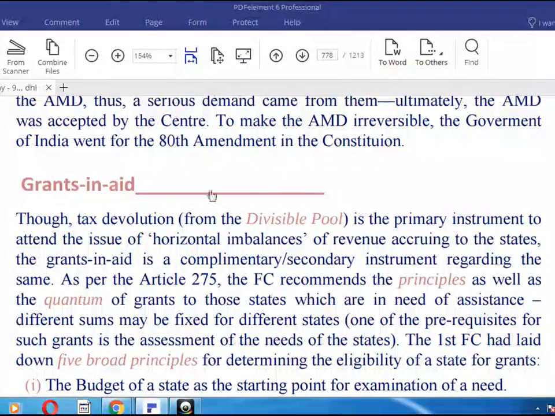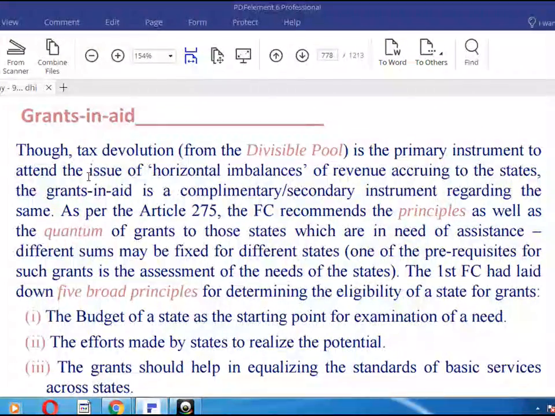Grants-in-aid. Through tax devolution from the divisible pool, the primary instrument, we attend to the issue of horizontal imbalance of revenue accruing to the states. The grants-in-aid are a compulsory secondary instrument regarding the same.